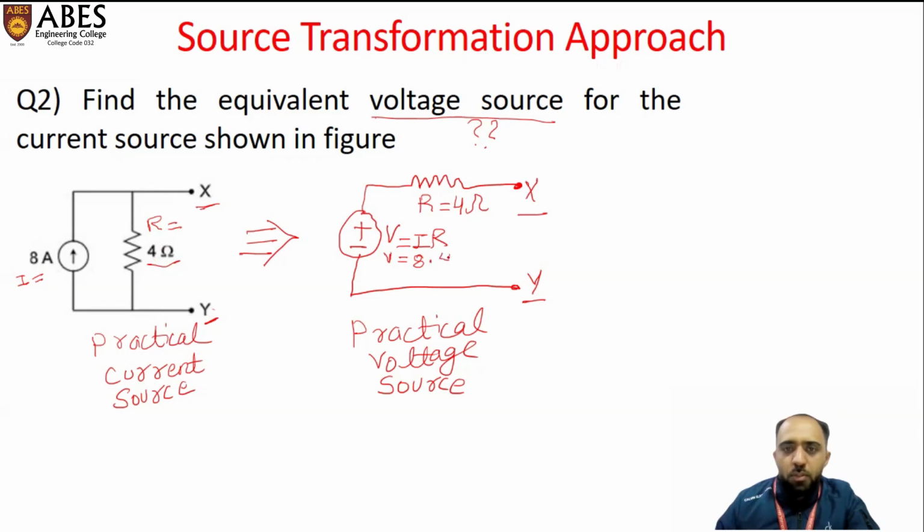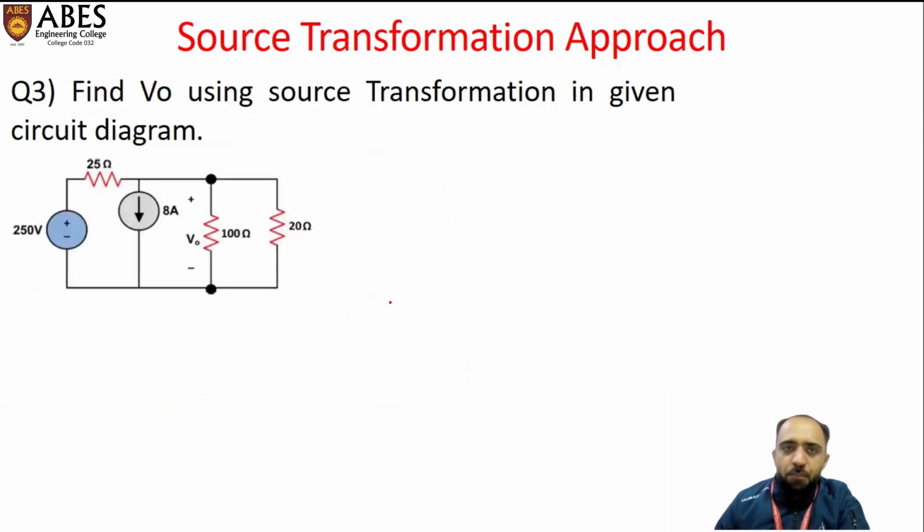So 8 into 4 is 32 volt. We can write here the value of the voltage source is 32 volt, and there is a resistance R equal to 4 ohm in series. So as per our question demand, we sketch the practical voltage source as shown in the figure.